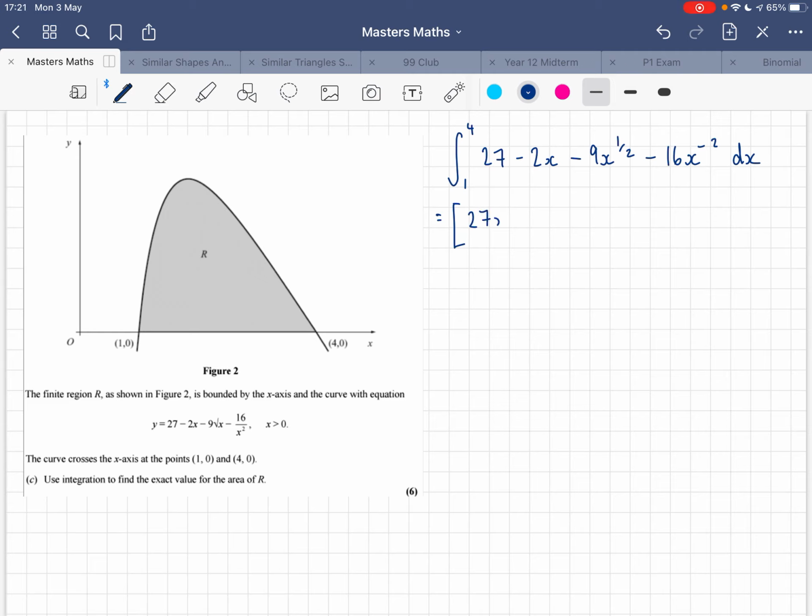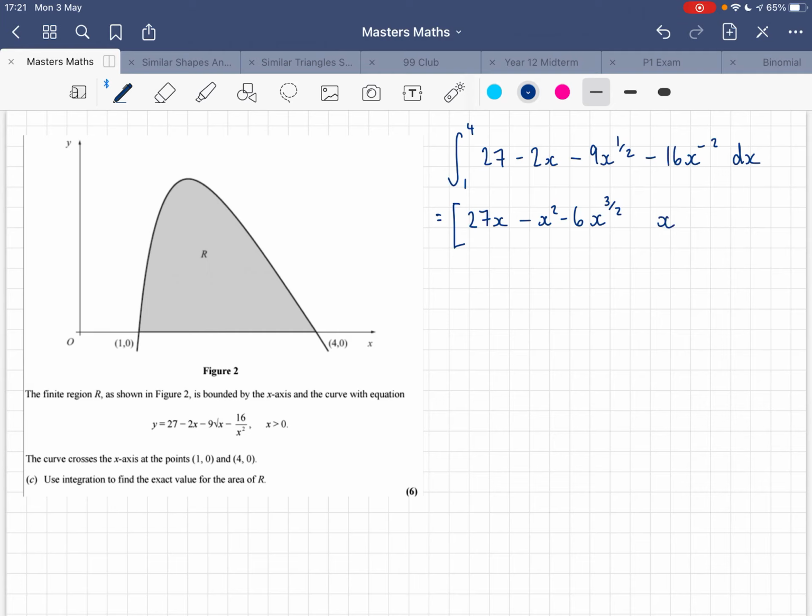So that gives me 27x. x squared divided by 2 means just minus x. I get x to the power of 3 over 2. 9 divided by 3 over 2 is 6. That becomes minus 6.